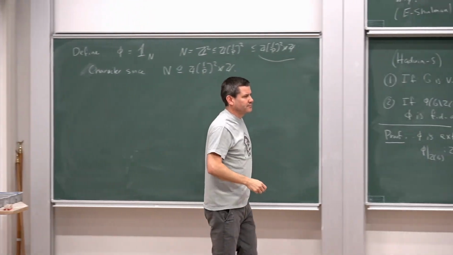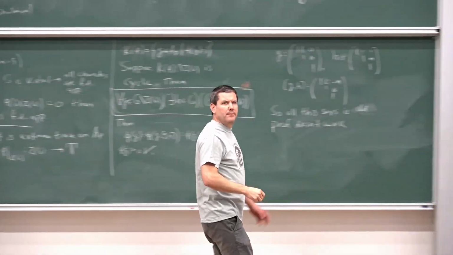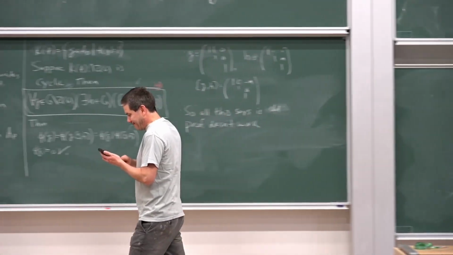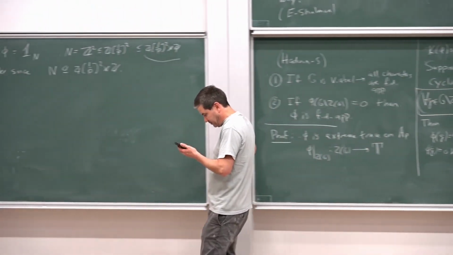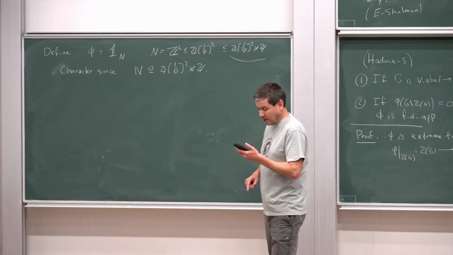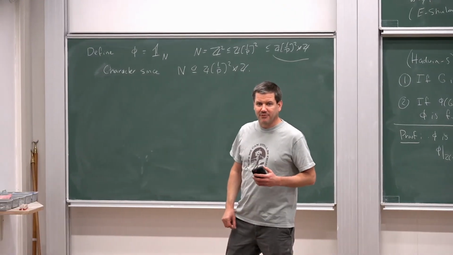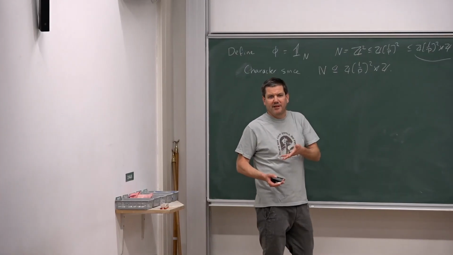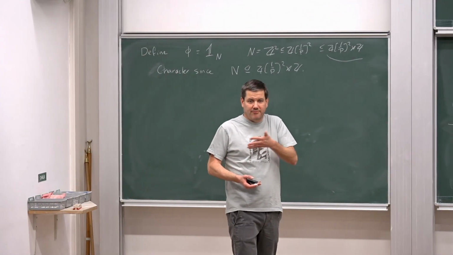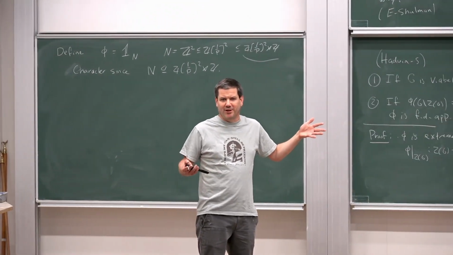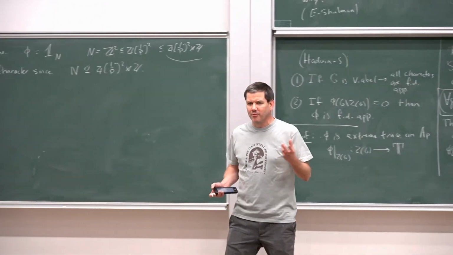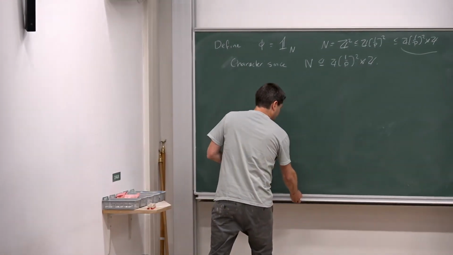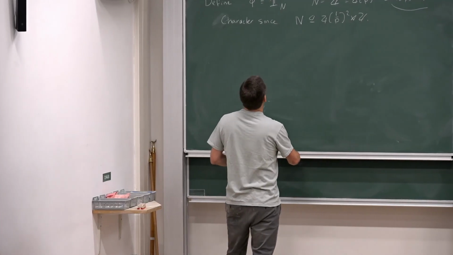Let's see. Is the quotient by N residually finite? No, no. That's the key factor. So definitely not, because once you quotient out by Z, you have Z[1/p] mod Z, which has no finite homomorphisms at all. Forget about separating. You have no finite homomorphisms. So definitely the quotient is not residually finite.